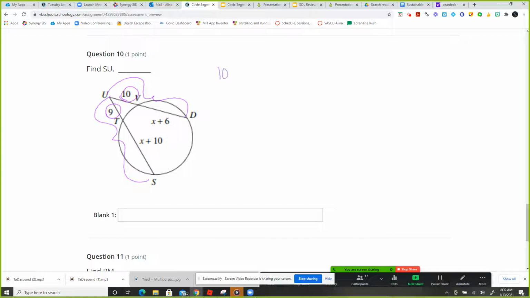Ten times, what do I write in the parentheses? Hopefully you're predicting what I'm going to write. So I've got the outside times the total, right? And then on the other side, the outside times the total.